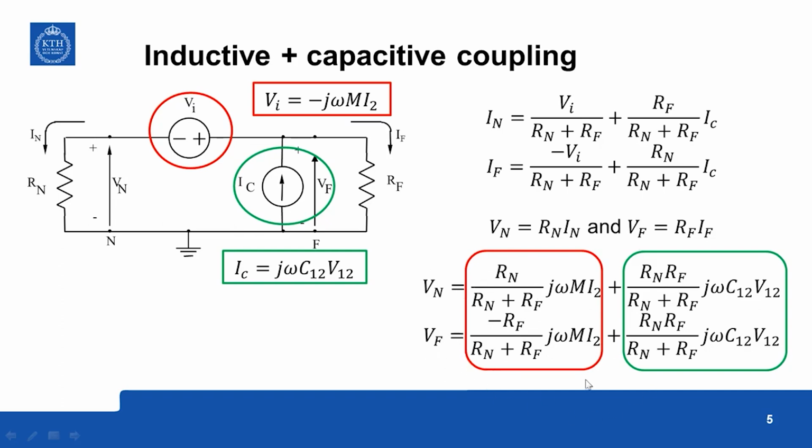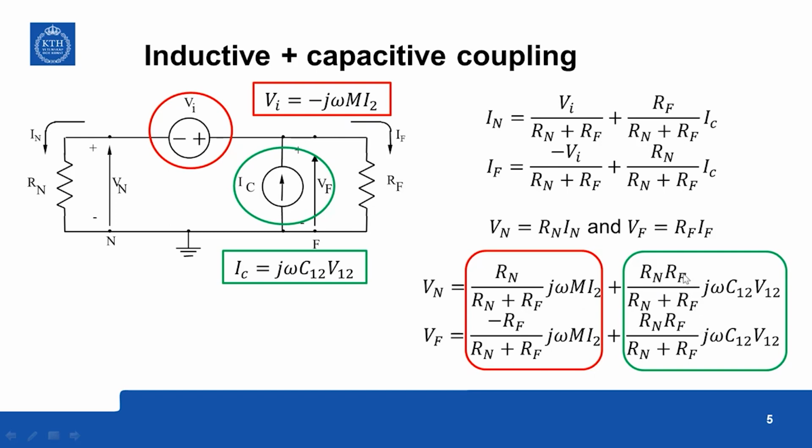Now the first term in both represents the inductive coupling, and the second term in both represents capacitive coupling. You can immediately see some interesting properties. Say if you look at the capacitive coupling, whether it is near end or far end, they are identical.